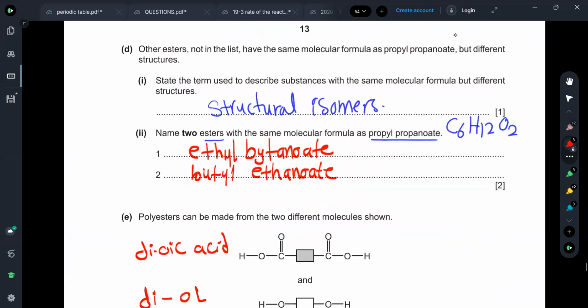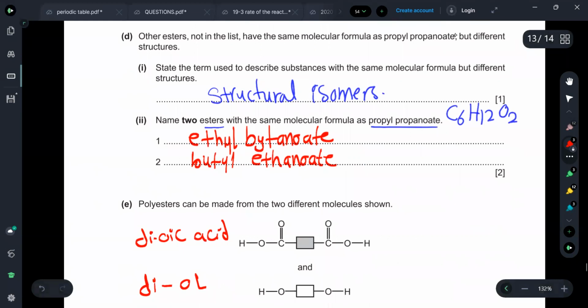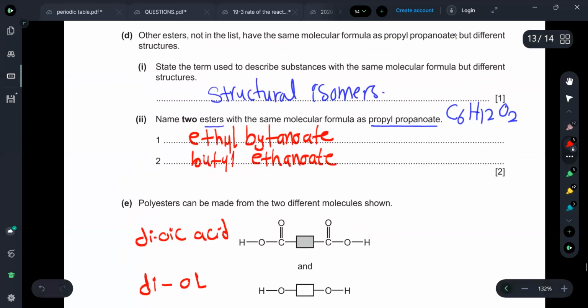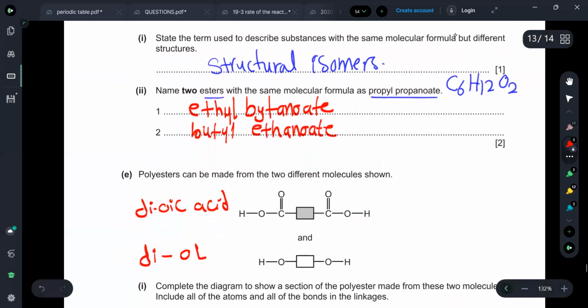Other esters not in the list have the same molecular formula as propyl propanoate but a different structure. What is the term used to describe substances with the same molecular formula but different structures? It is a structural isomer. Name two esters with the same molecular formula as propyl propanoate.